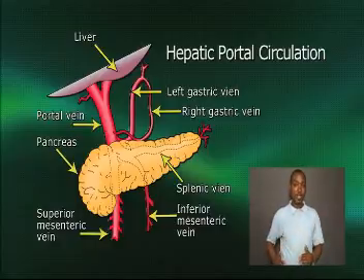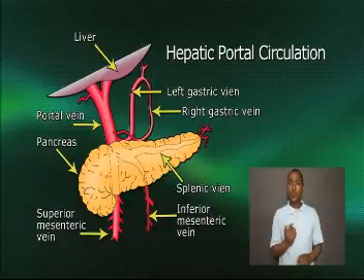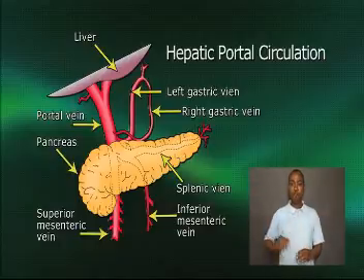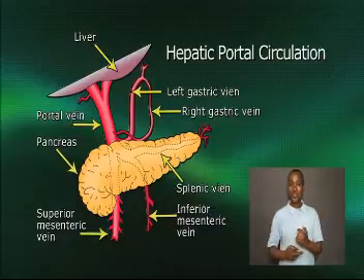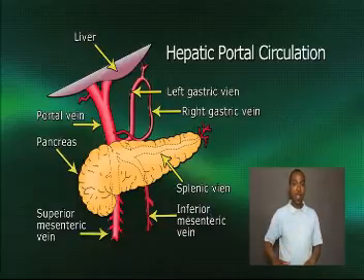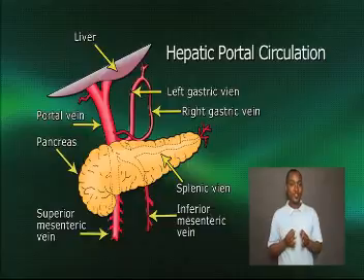As blood passes through the liver, some of the nutrients are stored or processed in various ways for general circulation. In turn, the liver is drained by the hepatic veins, which transports blood to the inferior vena cava.